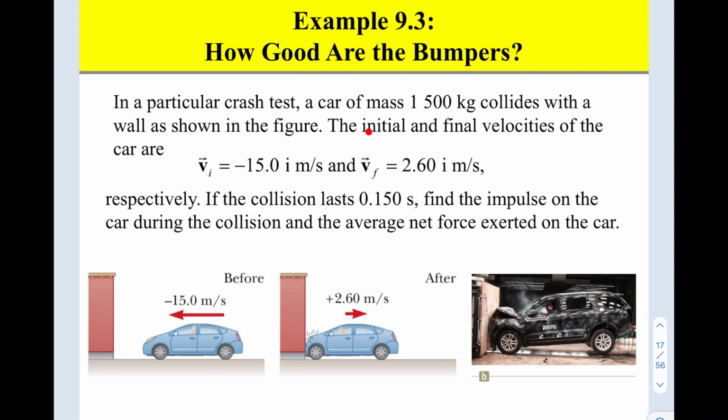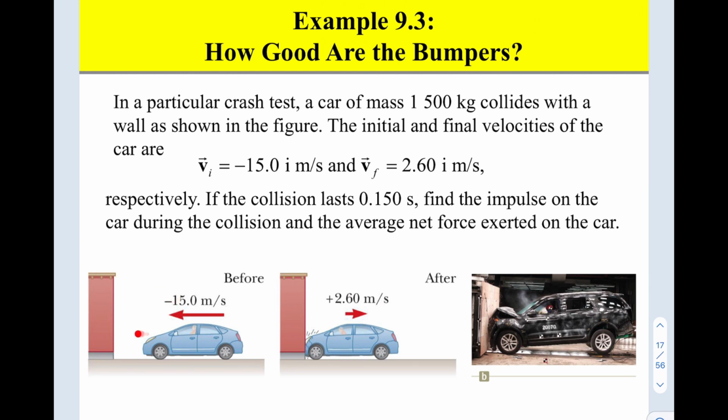The initial and final velocities of the car are v initial equal to negative 15 i m/s and v final equal to 2.6 i m/s, respectively. If the collision lasts 0.15 seconds, find the impulse on the car during the collision and the average net force exerted on the car. This is the situation before and this is the situation after.